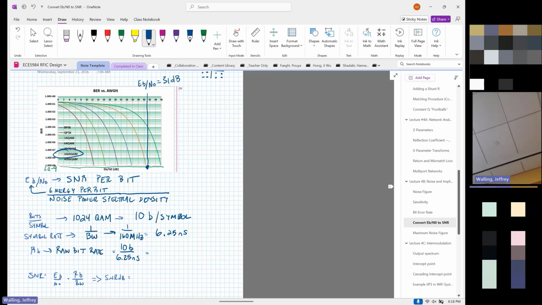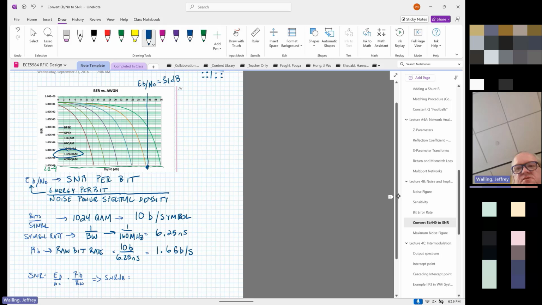It's not factoring in that they might not all be information bits. We might have encoding bits and bits for synchronization and pilots. But nonetheless, these are bits that we're actually transmitting. So we have a raw bit rate of about 1.6 gigabits per second. Pretty spectacular. Just over a 100-meter wireless channel, you can send a gigabit per second.